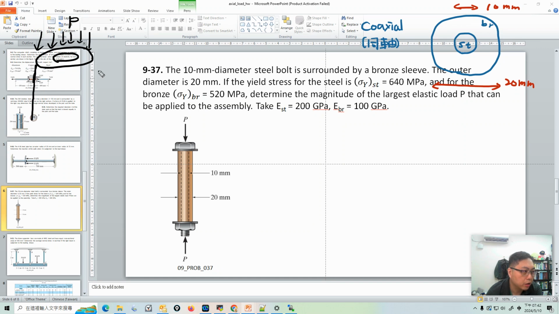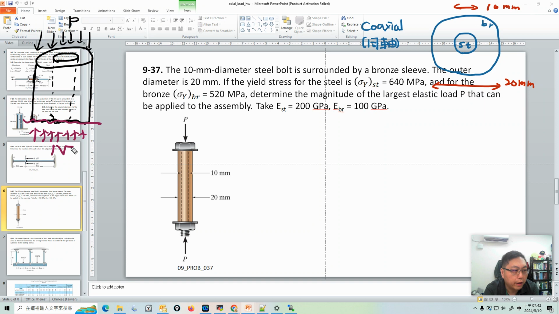We make a cut section here. Because we apply an external loading here, there must be some internal load to keep the whole system static. So if we cut a section here, there must be some internal normal force to resist the external load.